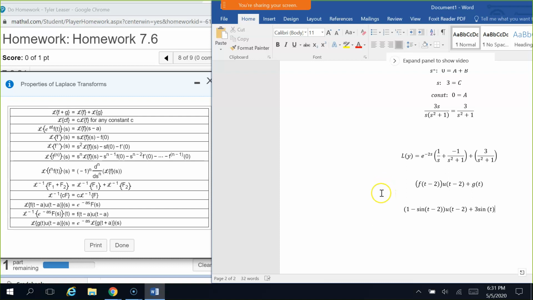I'm not really sure. I don't see it. If you did, 1 minus sine t. Is it? You did put the negative, so I don't know.